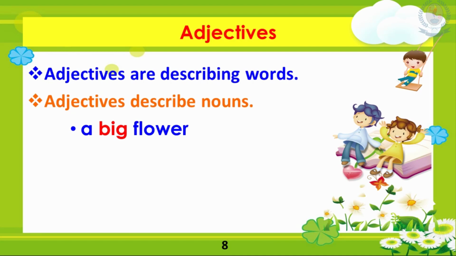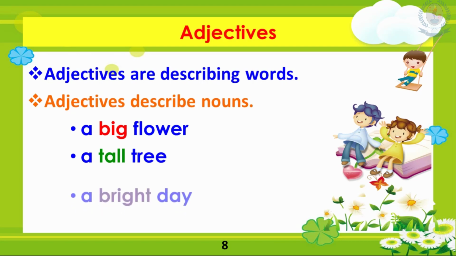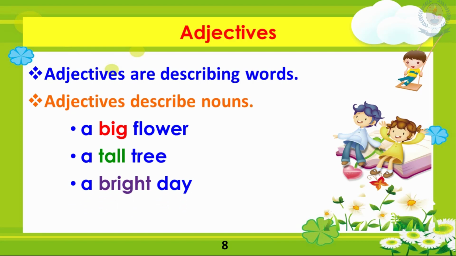The word big describes the noun flower. A tall tree. The word tall describes the noun tree. A bright day. The word bright describes the noun day. A little girl. The word little describes the noun girl.